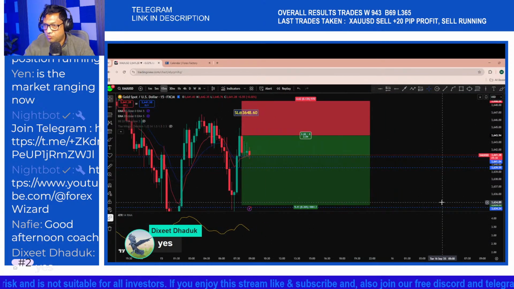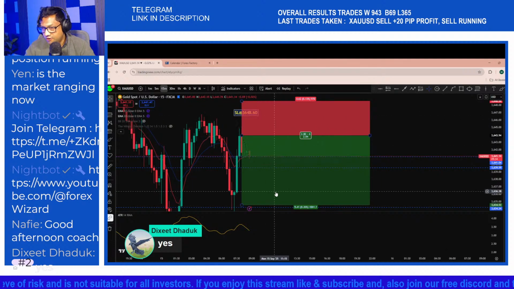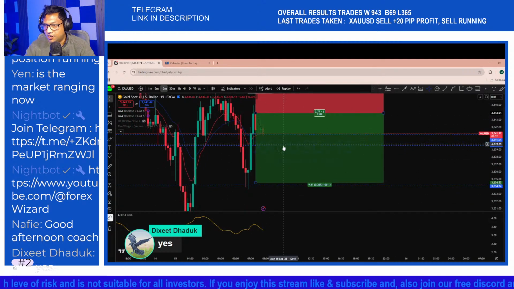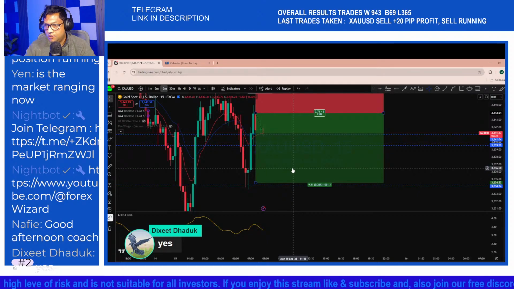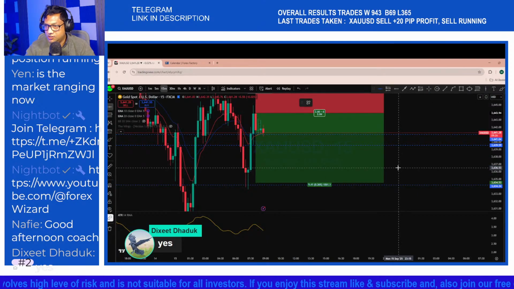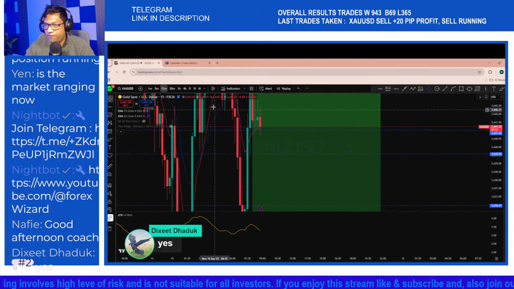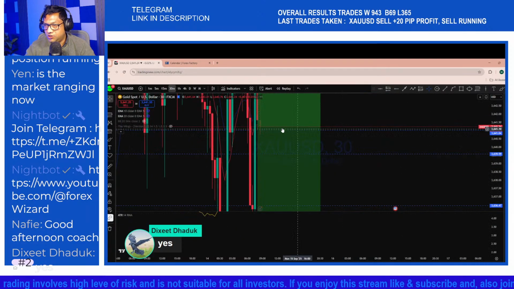But what we see here is a series of lower highs, and this market ultimately has the possibility to come back here to this 3.6 level, or even lower, further down to this key support level.